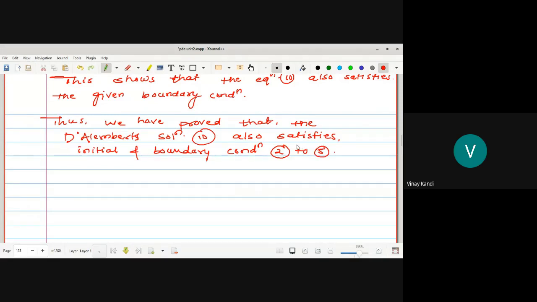So this proves that the D'Alembert solution equation 10 is the desired solution of the one-dimensional wave equation.